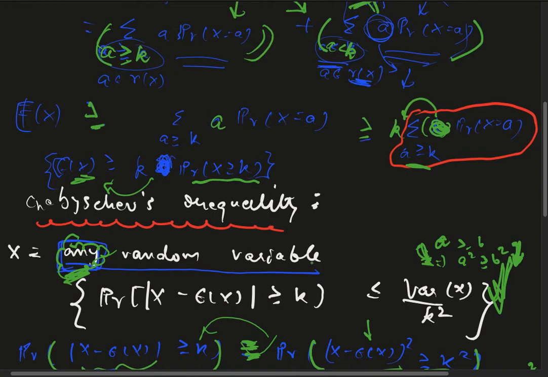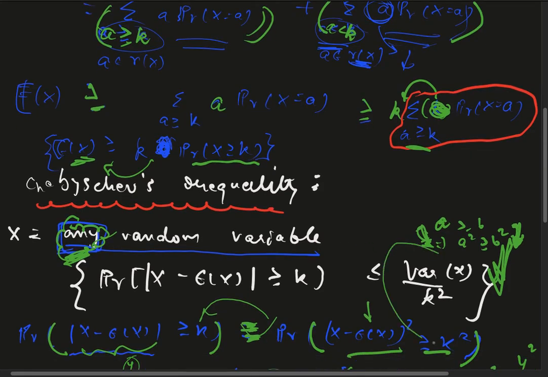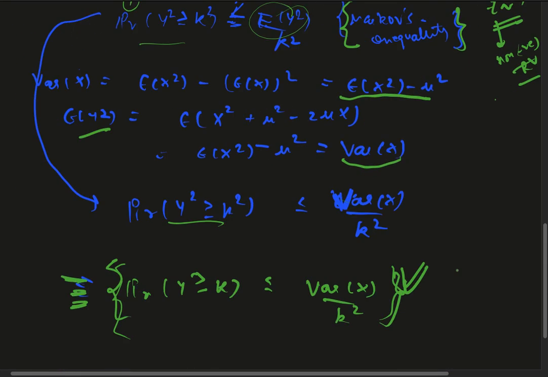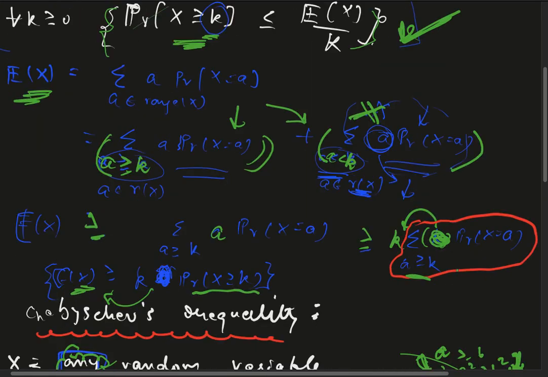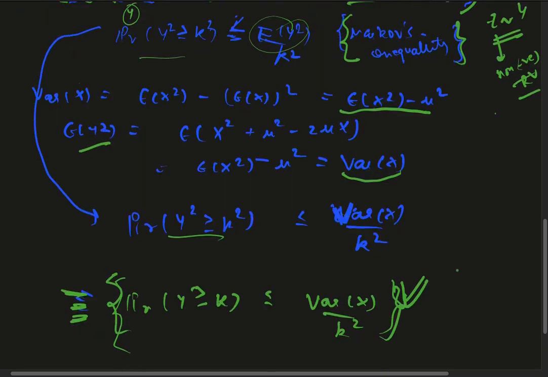And the probability that it lies outside a certain distance from the mean on both the sides is bounded by a certain upper bound. So this is that particular upper bound. And we use Chebyshev's inequality and Markov's inequality extensively in probability theory.